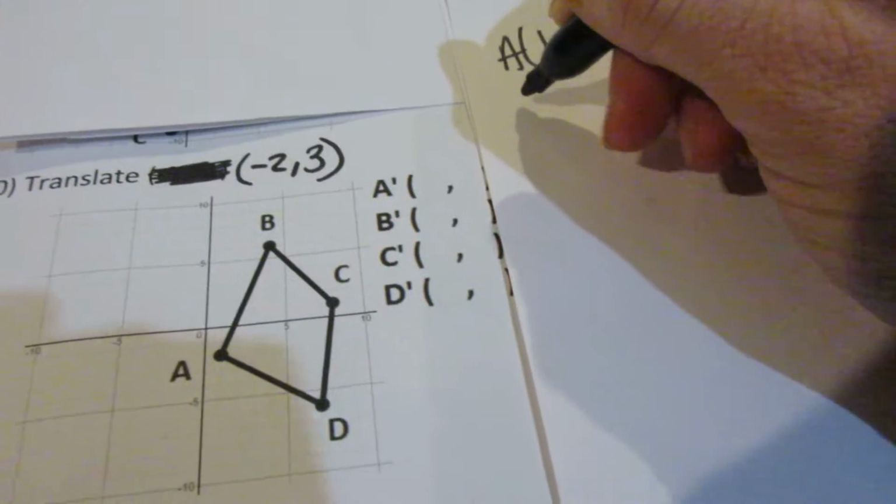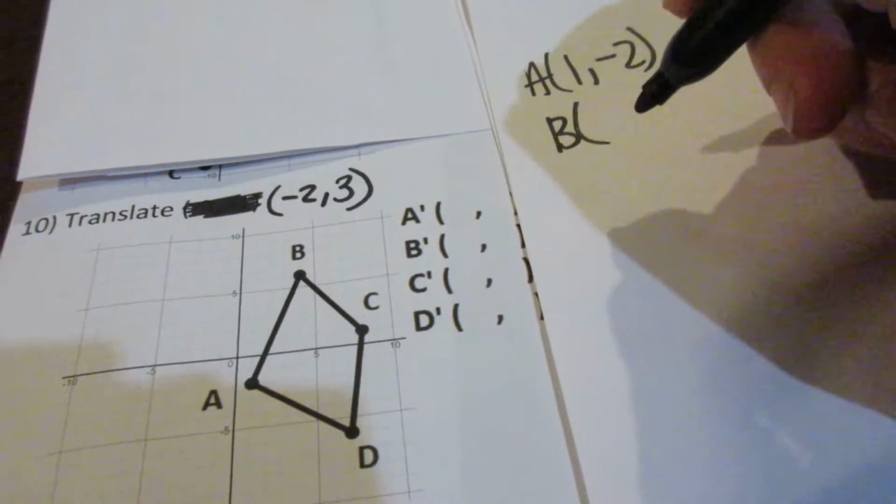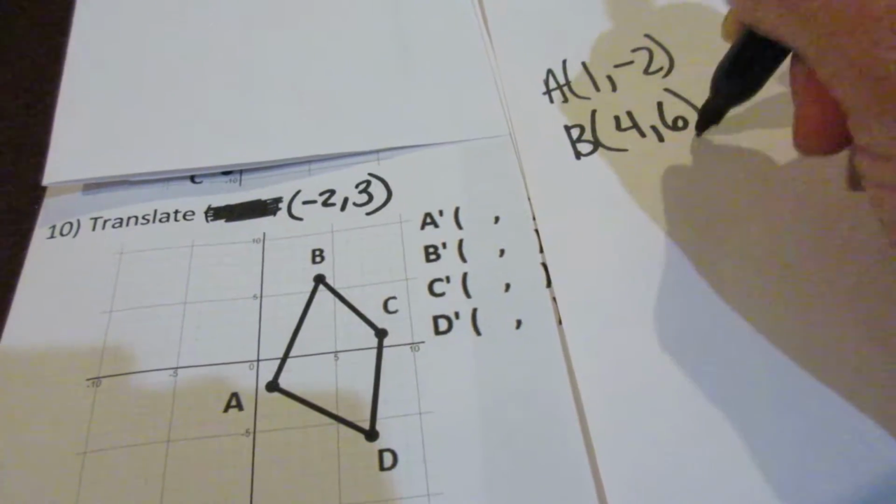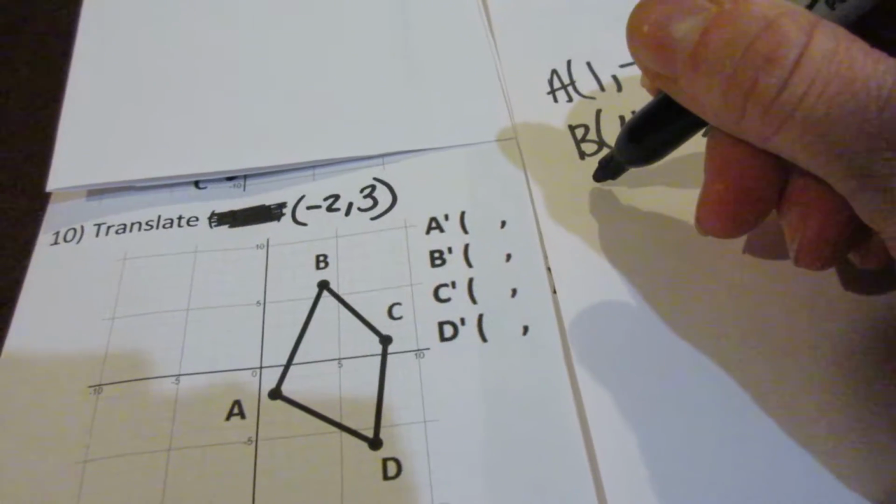Alright, so for these, I'm going to go ahead and write down the original locations. Point A is right 1, down 2, so that's going to be 1, -2. Point B is right 4, up 6, so that's going to be +4, +6, because right rises, left lower for the x coordinate.